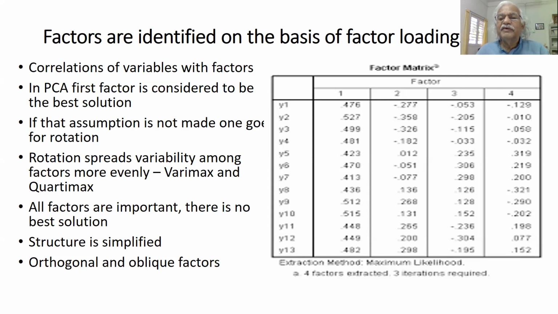Factor loadings are actually correlation coefficients. And in principal component analysis, we also make an assumption that the factors are orthogonal or independent. Variables are correlated among themselves, but factors can be taken to be independent of each other or orthogonal.